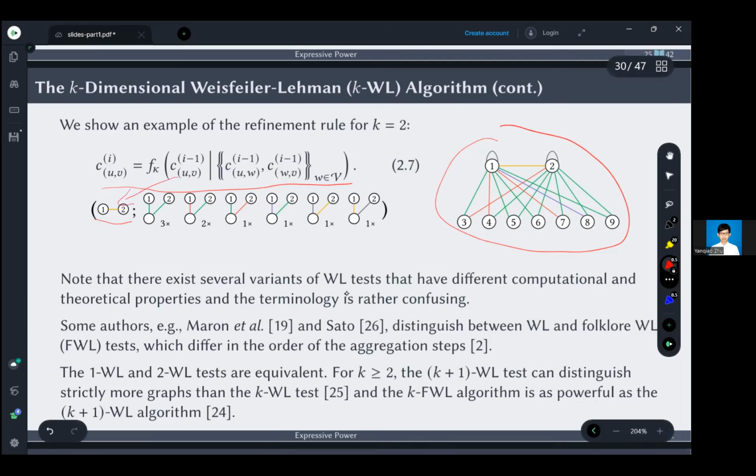For every (1,2), we are going to consider its neighborhood set. What determines its neighborhood set is as follows. We will take (1,2) and another node here, (1,1)... oh, forgive me, it should be (1,2) followed by every other possibility. Because for w belonging to V, you will have 3, 4, 5, 6 and so on, and the resulting neighborhood set will be like this.